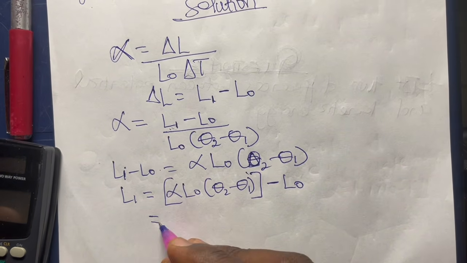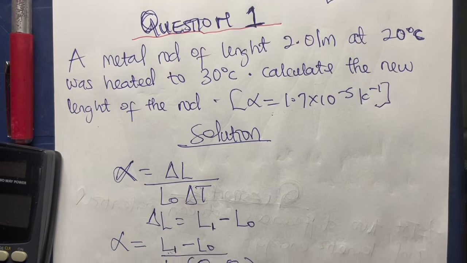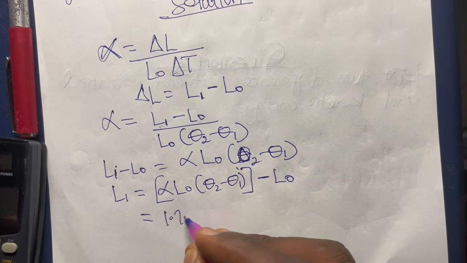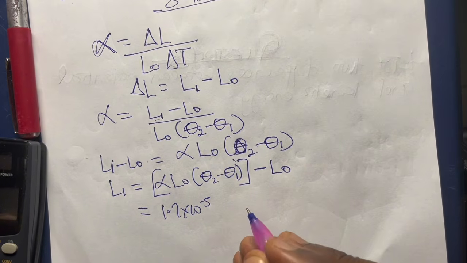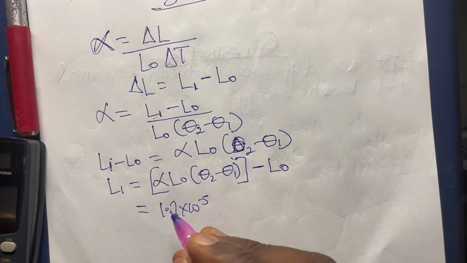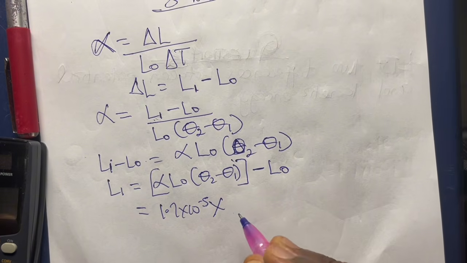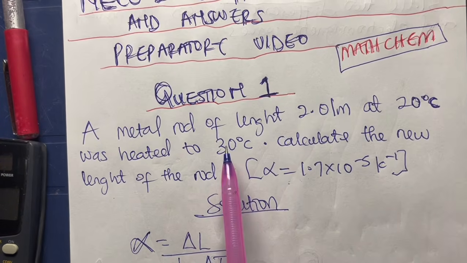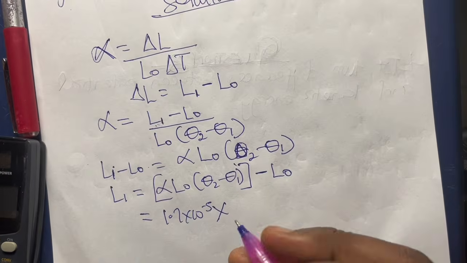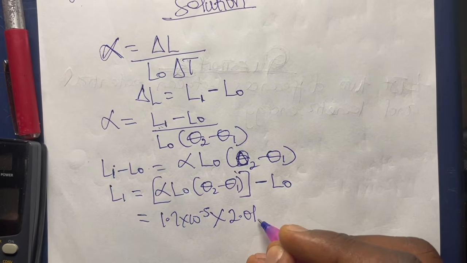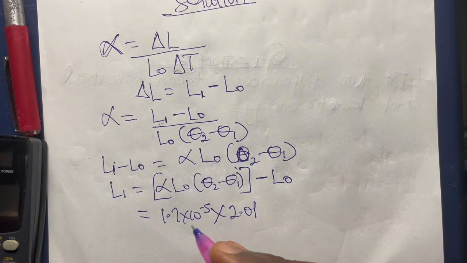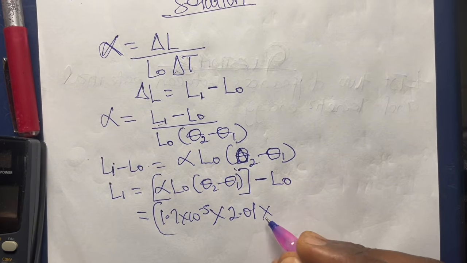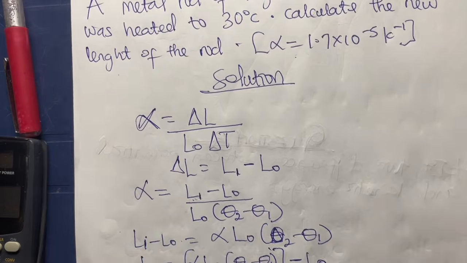Now what's my linear expansivity? My linear expansivity is 1.7 times 10 raised to the power minus 5 per Kelvin. The original length is 2.01 meters, so times 2.01 meters. Then multiplied by (theta 2 minus theta 1).